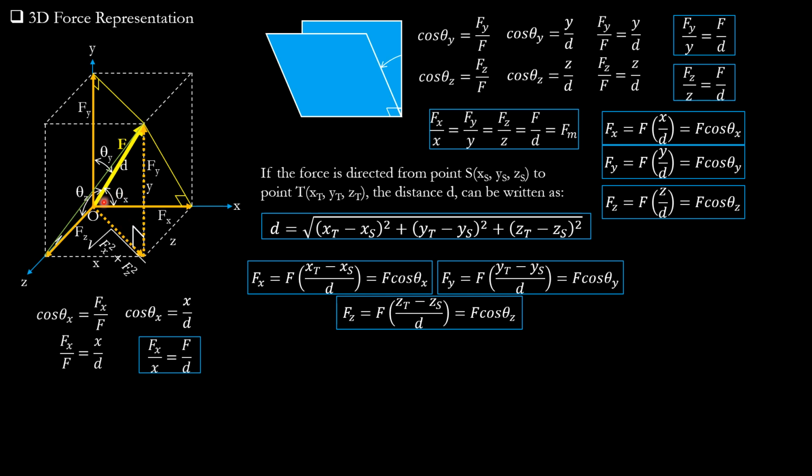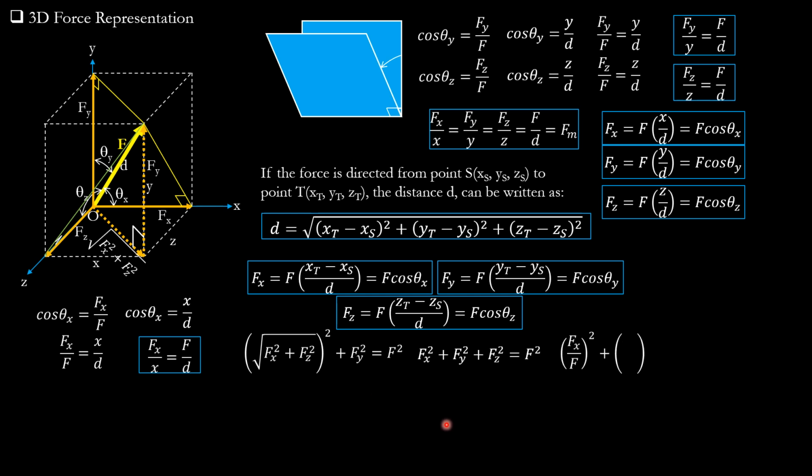Therefore, the magnitude of F squared equals the square of this, Fx squared plus Fz squared, plus the square of that leg, Fy squared. So the square root of quantity Fx squared plus Fz squared, close square, plus Fy squared equals F squared. Simplifying, Fx squared plus Fy squared plus Fz squared equals F squared.